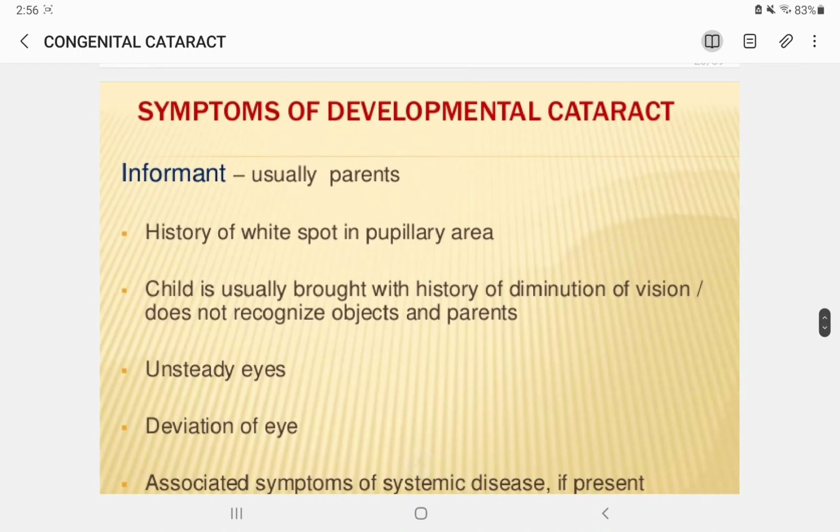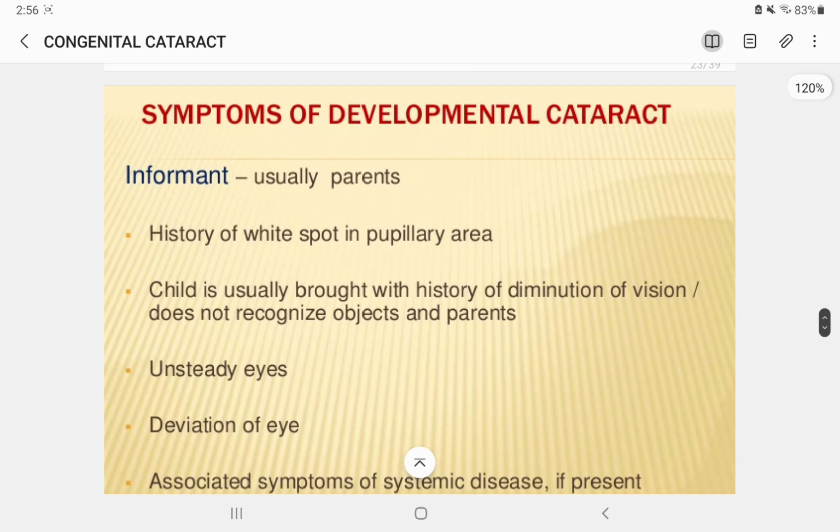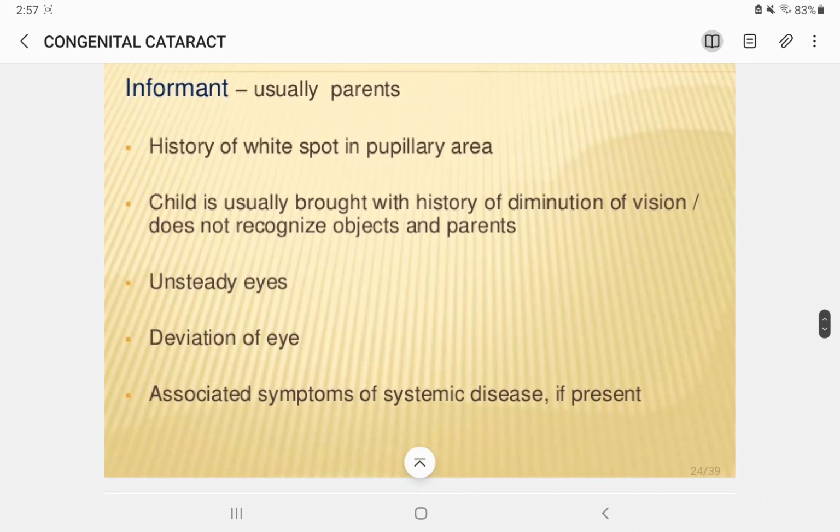So we were at the symptoms of the developmental cataract. In the congenital or developmental cataract, the informant is usually the parents, and they give the history of a white spot in the pupillary area, leukocoria. The child is usually brought with the history of diminution of vision, which leads to not recognizing objects or parents.